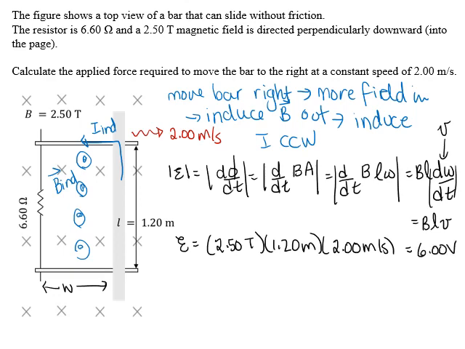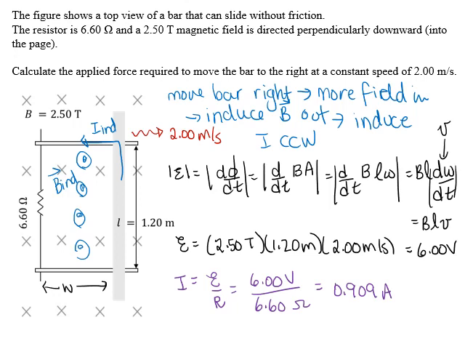All right, next let's find the induced current. From Ohm's law, we know V equals IR, so I is the potential epsilon divided by the resistance R, 6 volts over 6.60 ohms. That gives us a current flowing through that loop of 0.909 amps.